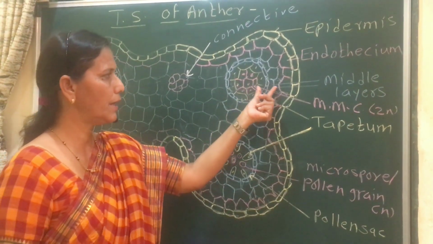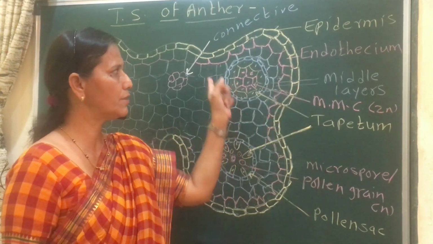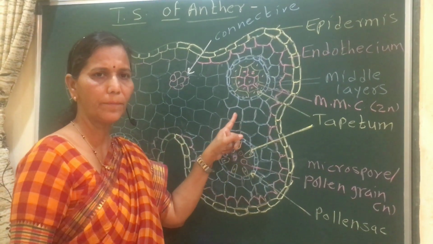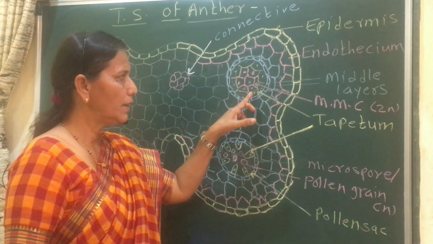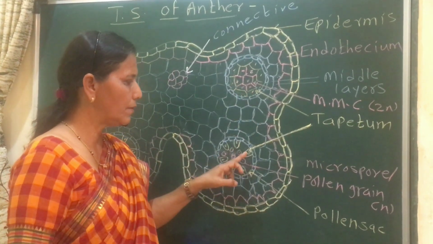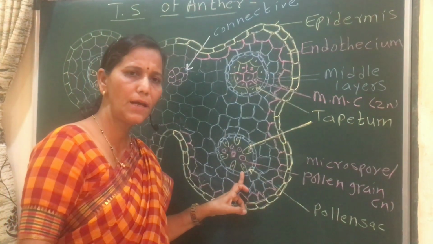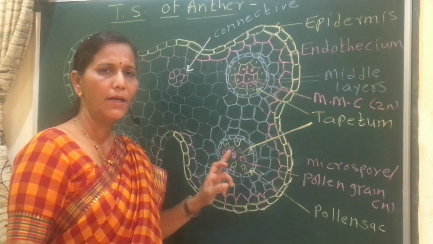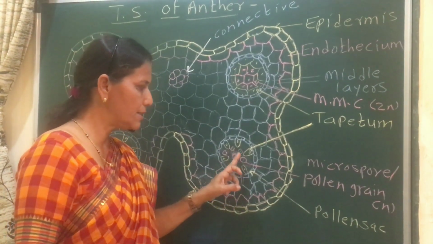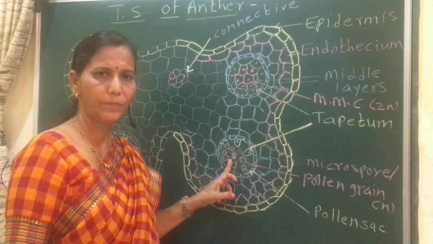Then 2 to 3 middle layers are there which surround this pollen sac. Then each pollen sac is covered by tapetum. What is the function of this tapetum? It provides nourishment to the developing pollen grain.